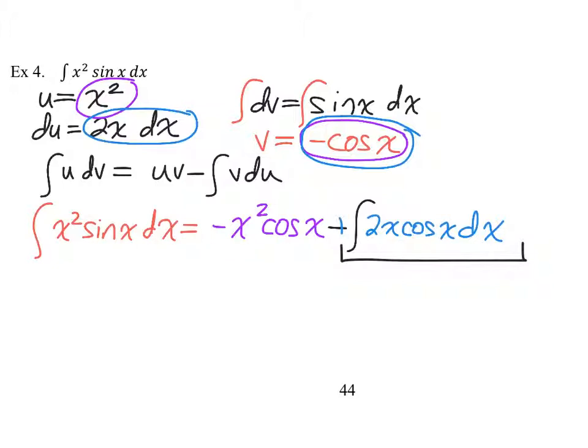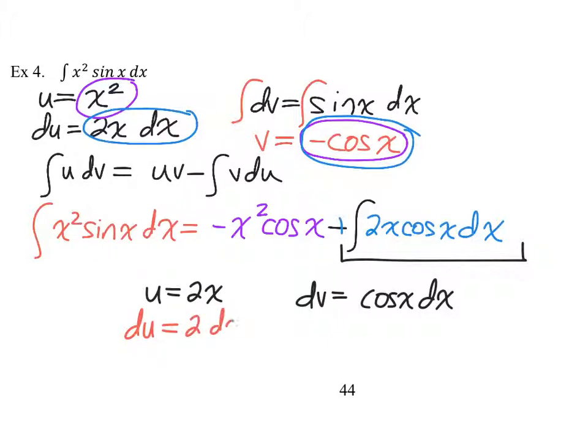I'll show you in a second how it becomes a little more obvious how you would know to do it again. I'm going to let u equal 2x and dv equal cosine x dx. Differentiate: du equals 2 dx. Anti-differentiate: v equals sine of x.